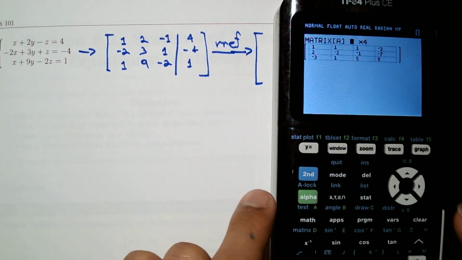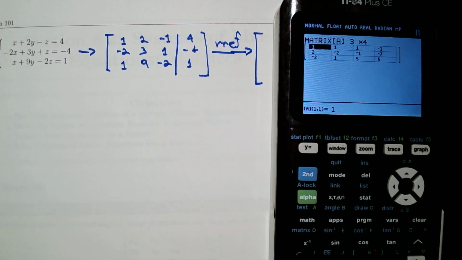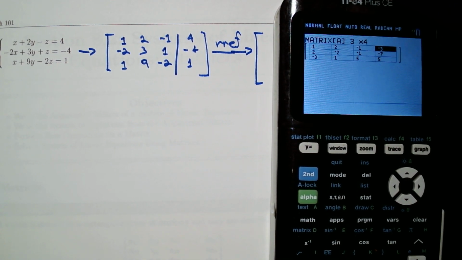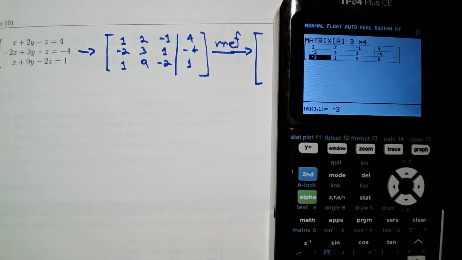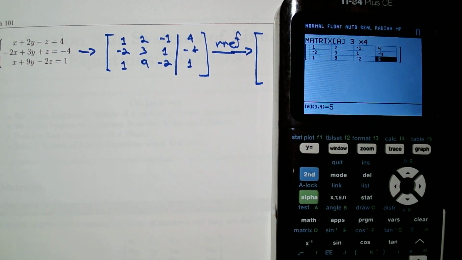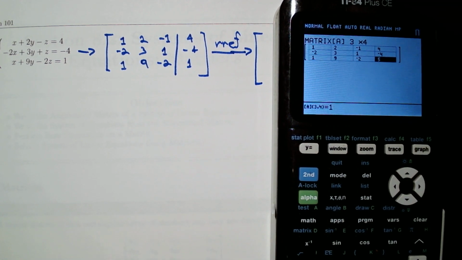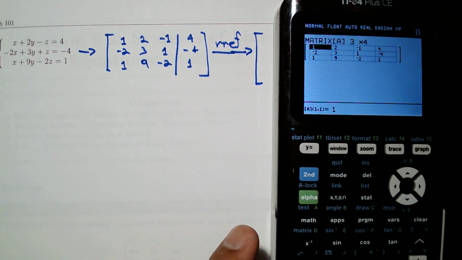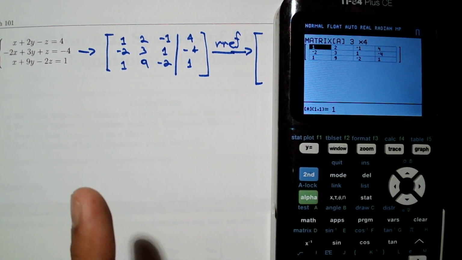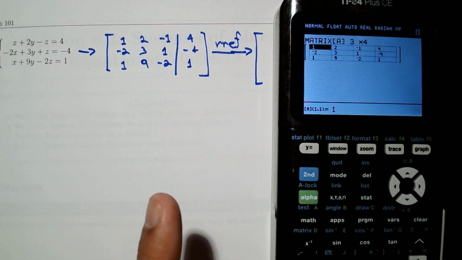And I'm going to put these entries. 1, 2, -1, 4, -2, 3, 1, -4, 1, 9, -2, and 1. Let me double check. Yes, everything's fine.